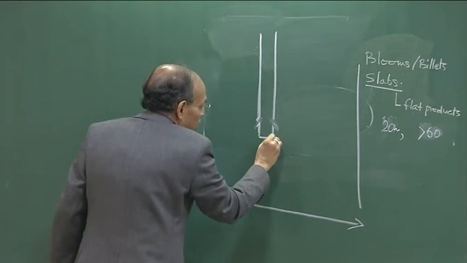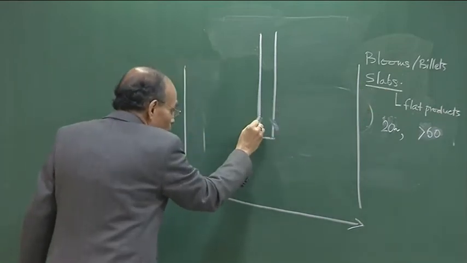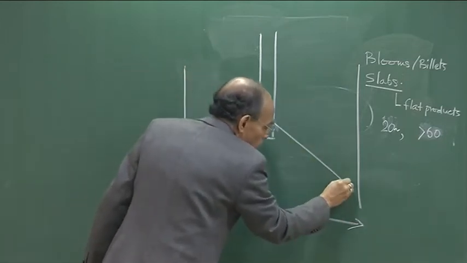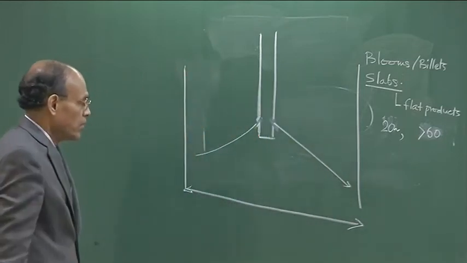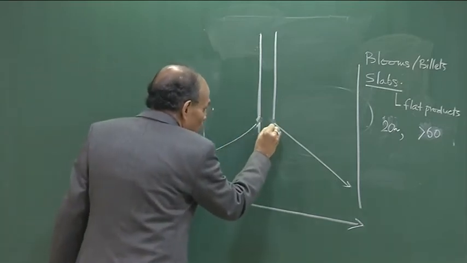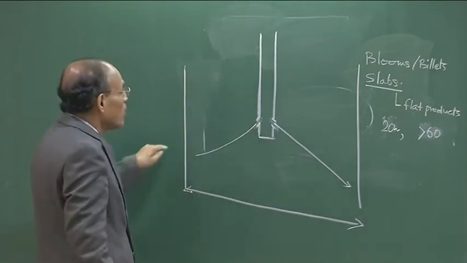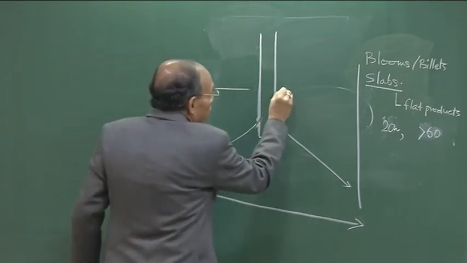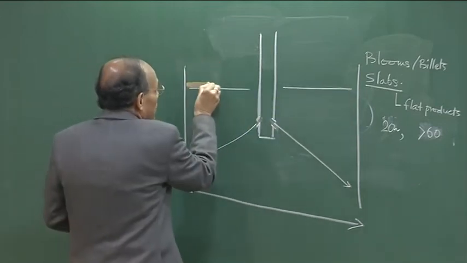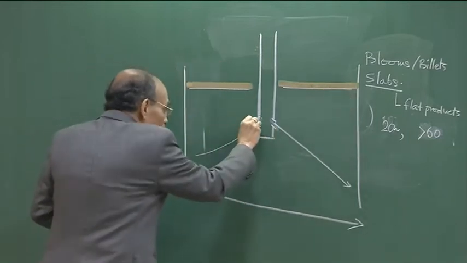So, the molten metal, unlike the Bloom caster, does not flow out vertically, but flows out in this particular direction, and there is a requisite taper of this exit through which the molten metal flows out, and this is the slag metal meniscus.